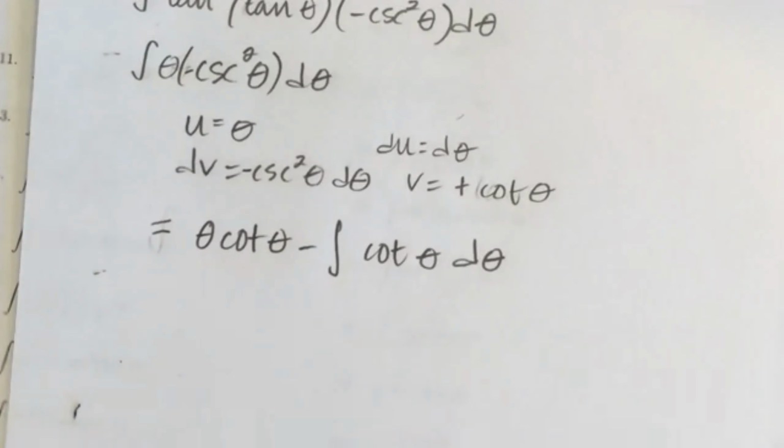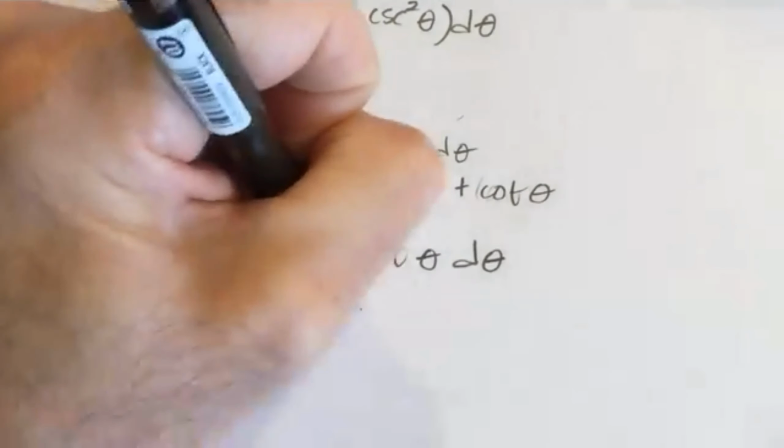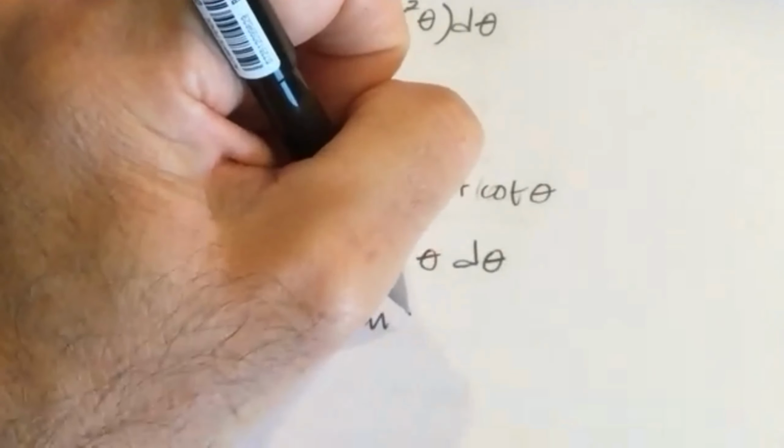Do you know any functions whose derivative is cotangent? Do you know any functions whose derivative is tangent? It's the natural log of cosine, isn't it? That'd be the natural log of the cosine, right?